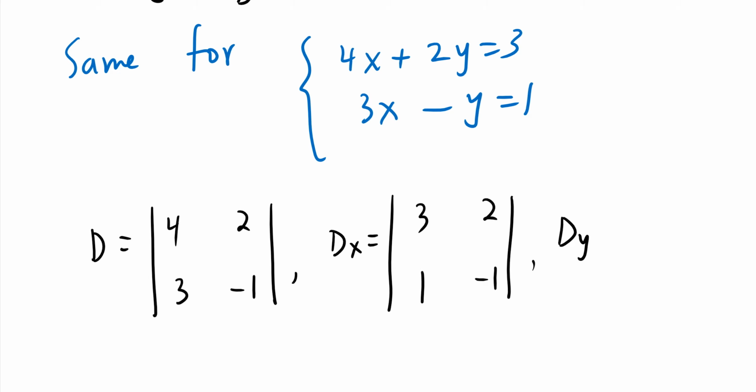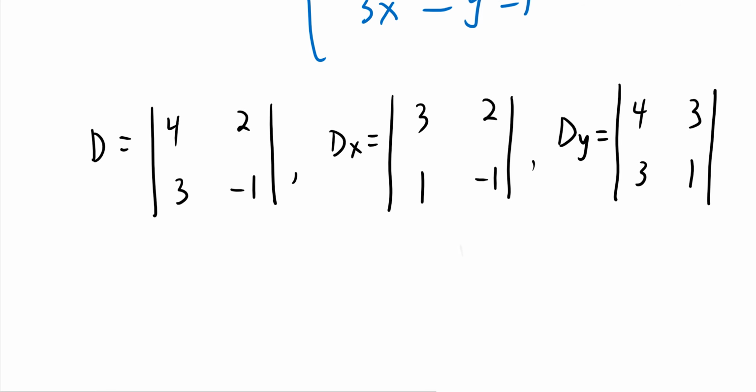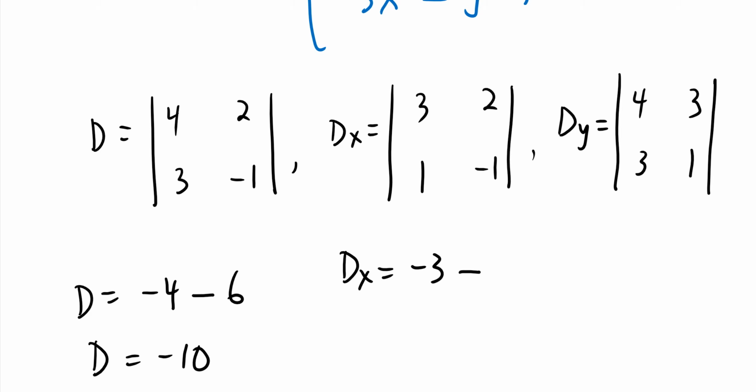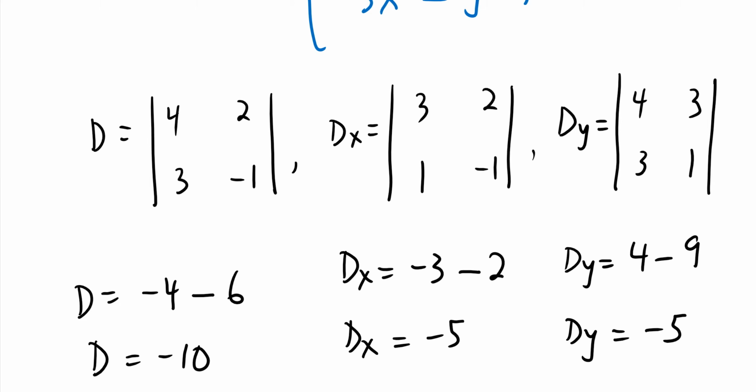And Dy equals 4, 3, 3, 1. Let's see what we get. Multiply 4 times negative 1, negative 4, minus 3 times 2, 6. So D is negative 10. Dx: 3 times negative 1, negative 3, minus 1 times 2, 2. So Dx is negative 5. Dy: 4 times 1, 4, minus 3 times 3, 9. So Dy is negative 5.